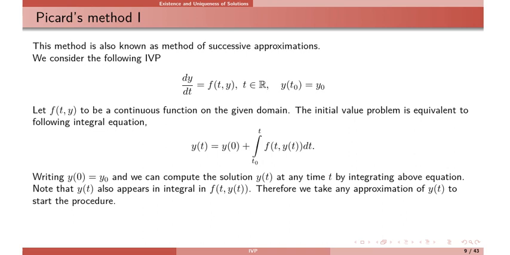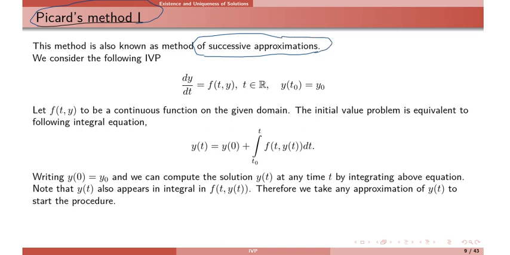Now I move to the first classical method that is widely used, and that is the backbone of proving the previous theorem. The method is called Picard's method. This is an iterative method, in other words, a method of successive approximations.